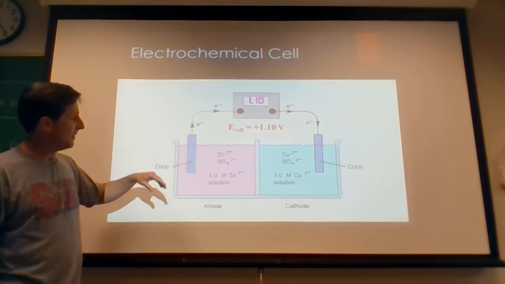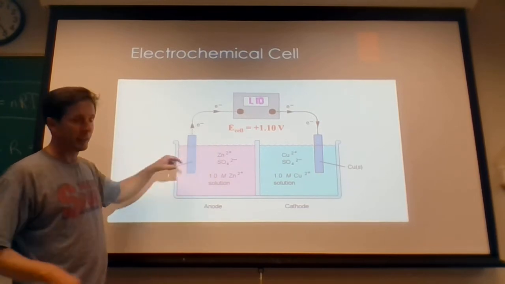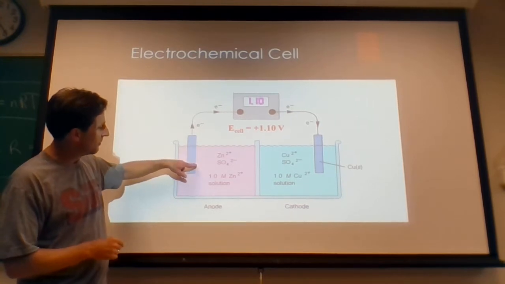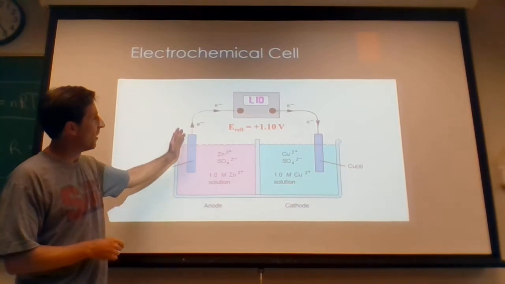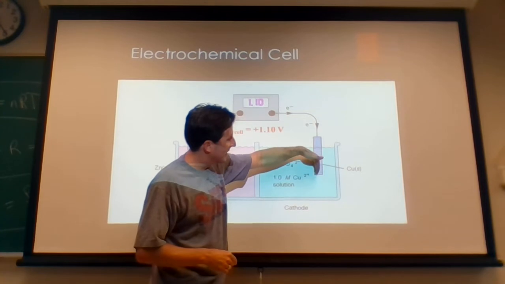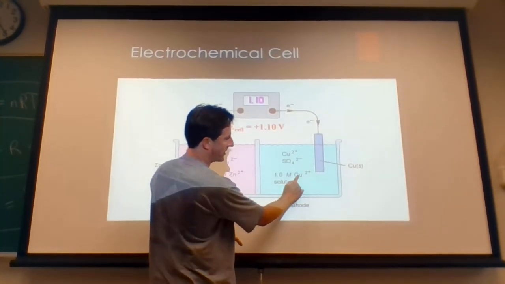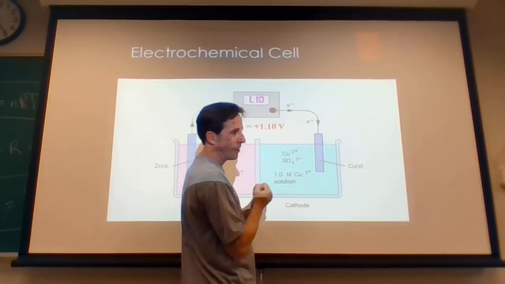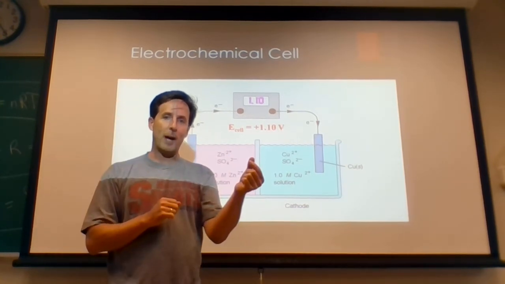But in the anode, the oxidation, some of the zinc atoms are going to give up their electrons from the surface of the metal. The electrons can flow through the metal to the wire, and they need to leave this half cell, go all the way through the wire over to the copper, and when it gets to the copper, it's going to go all the way to the surface of the copper, and when one of these copper plus 2 ions comes in contact with the surface, it's going to gain 2 electrons, and it's going to turn that copper ion into a neutral copper atom.